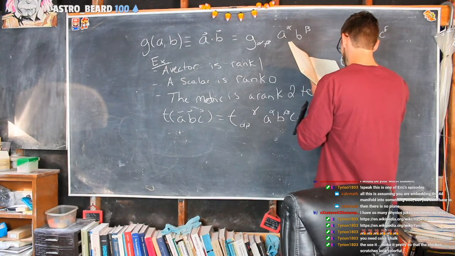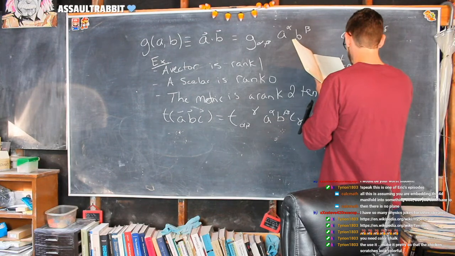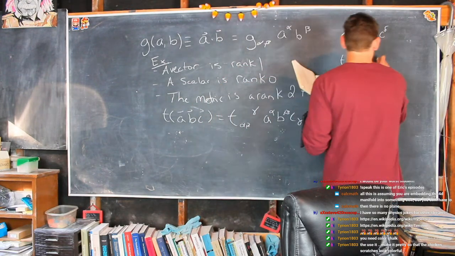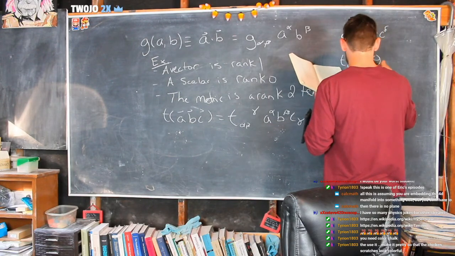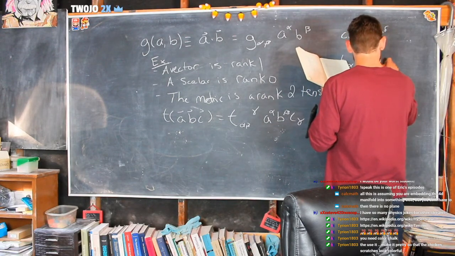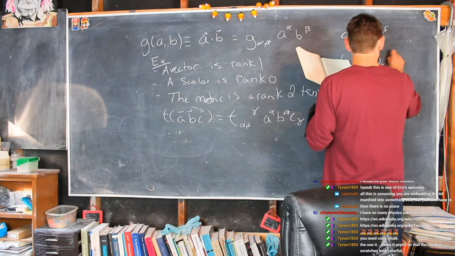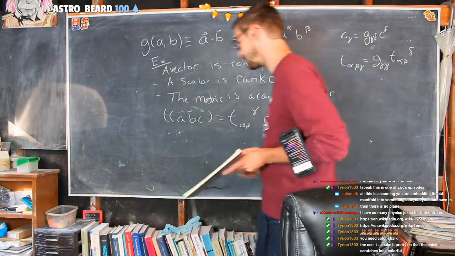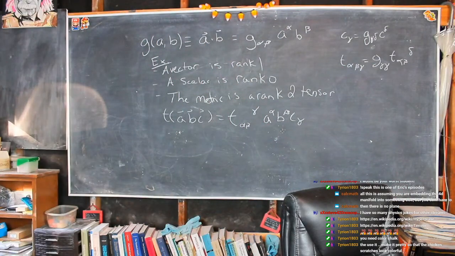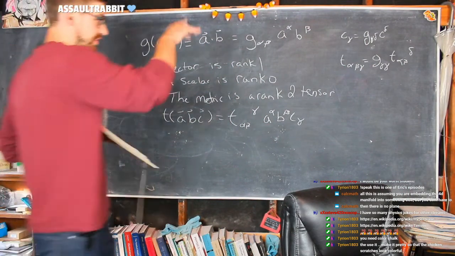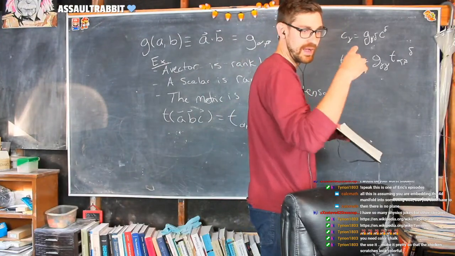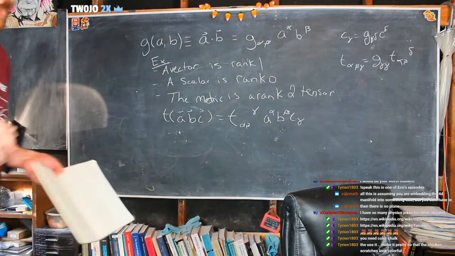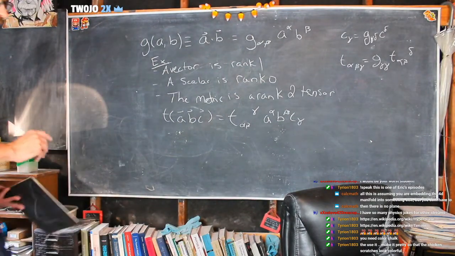T of alpha, beta, gamma is the one that we want. So we can actually act on the original tensor with the metric, gamma delta, T alpha, beta, delta. And these indices are just dummy indices, so don't get caught up on the alpha and beta; you can relabel them.